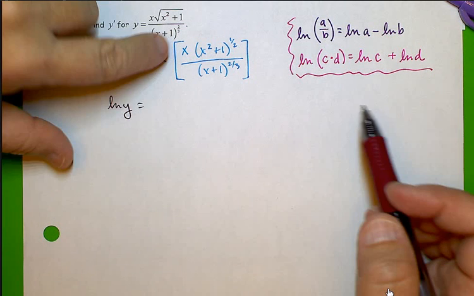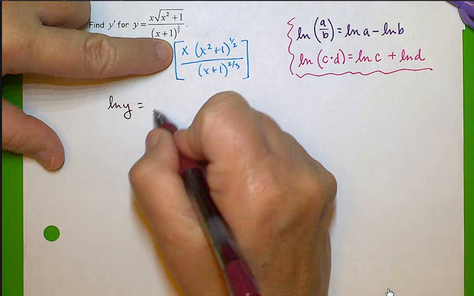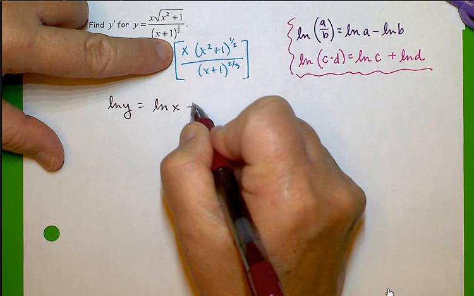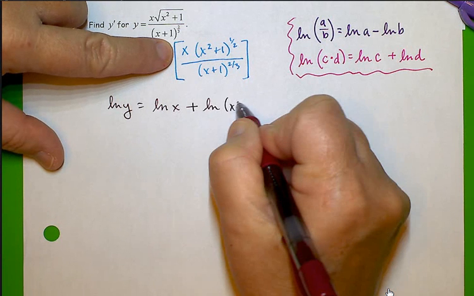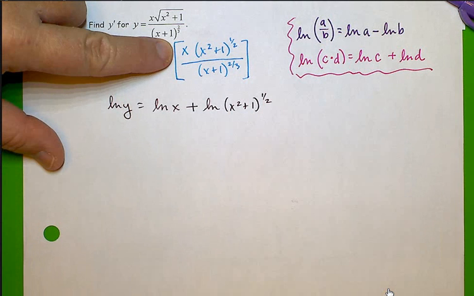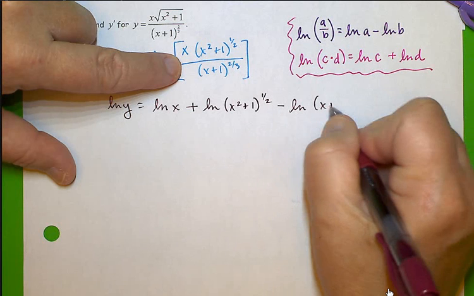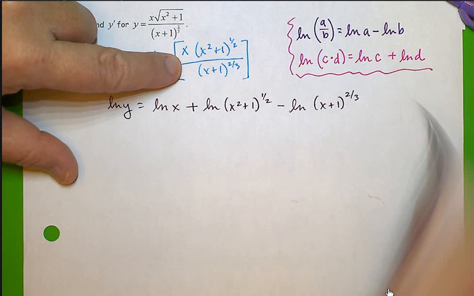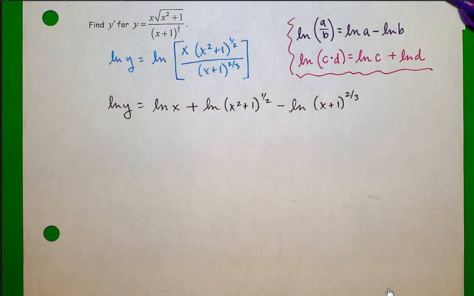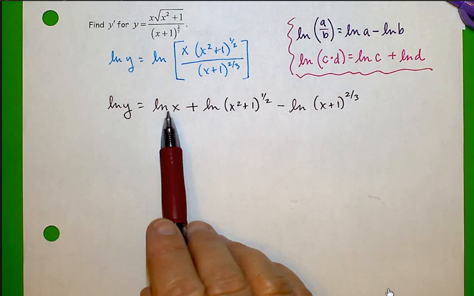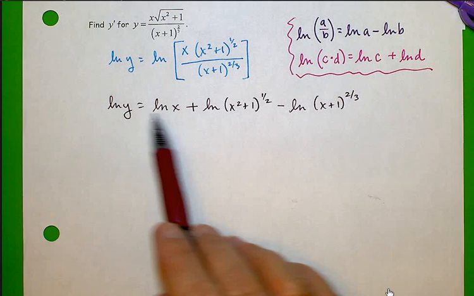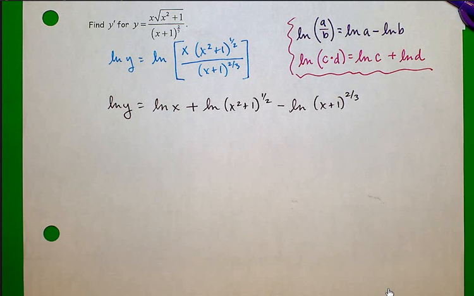I've got natural log of x plus natural log of (x squared plus 1) to the 1/2 power minus natural log of (x plus 1) to the 2/3 power. So it helps me out. Now I have just 4 different terms of natural log, and this should be easy from here. It's going to take up a lot of space, that's why we have the whole page.